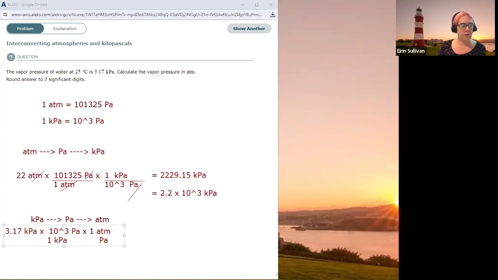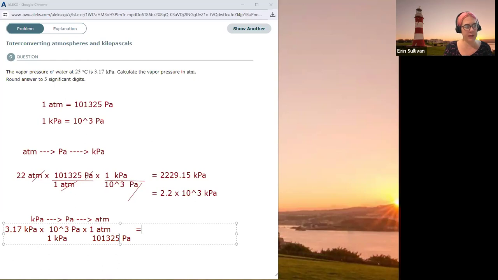Our equivalency is that 1 atmosphere is 101,325 pascals. I'm going to have to make my box bigger. All right, so what does that shake out to be? 3.17 times 10 to the power of 3 divided by 101,325 gives me 0.031285 and so on, atmospheres.